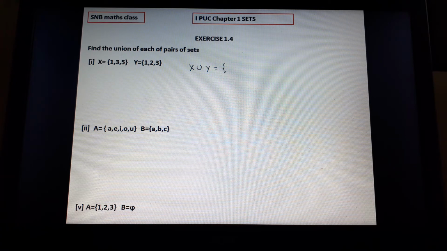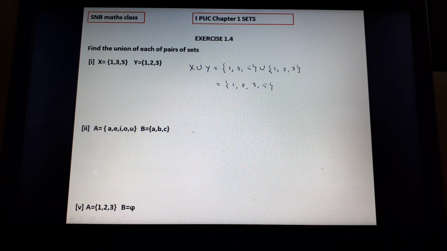So first you have to write what is X. It is 1, 3, 5, then union 1, 2, 3. Then you write the answer: 1, 2, 3, 5. So don't write this answer directly, write this and then write.